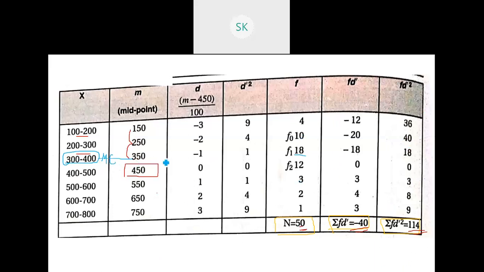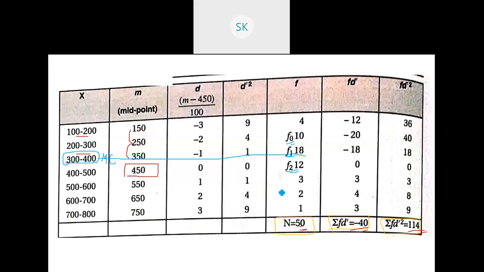The highest frequency will be f1, the previous frequency will be f0, and the next frequency after f1 will be f2. Those are the major values to be considered. Now let us go on and calculate the mode directly.